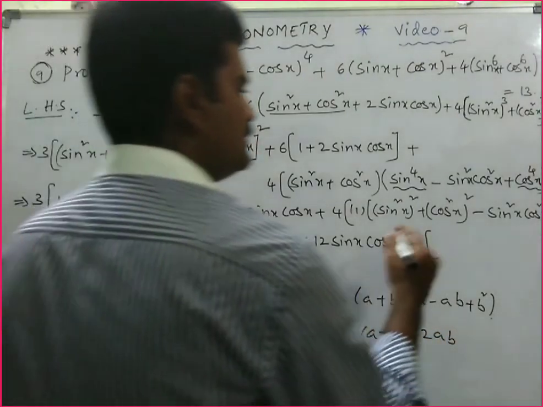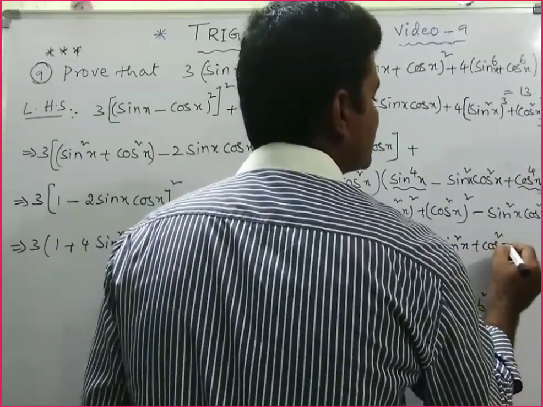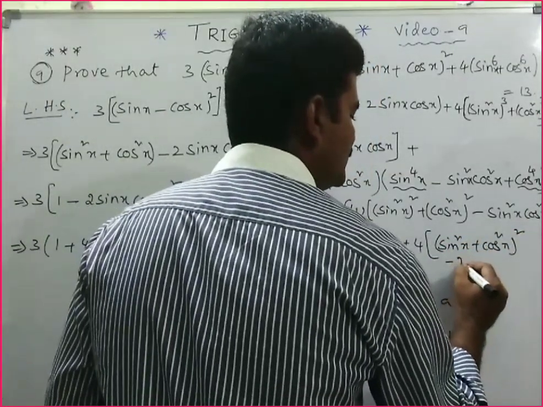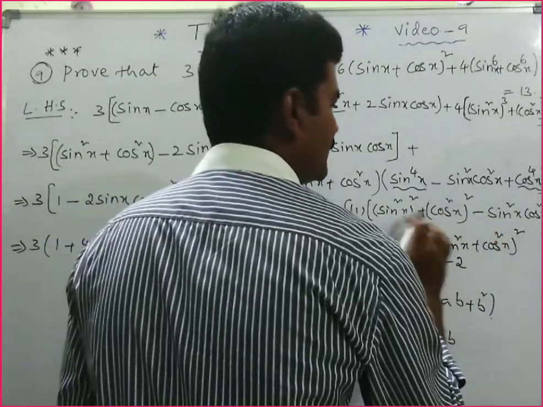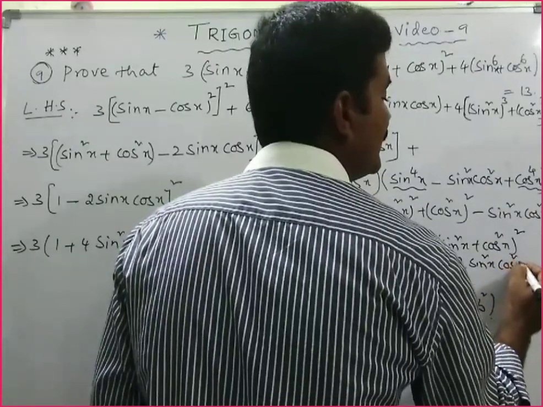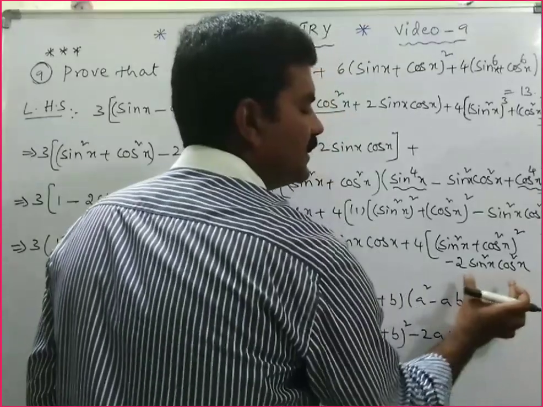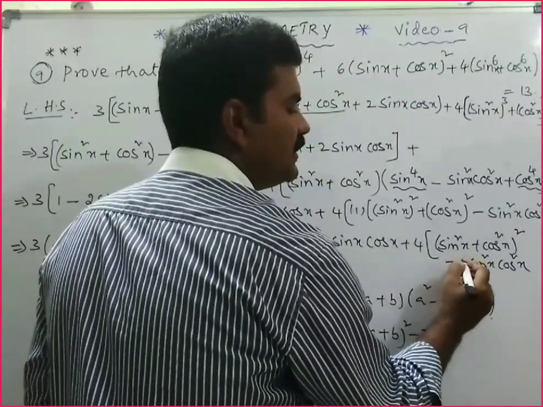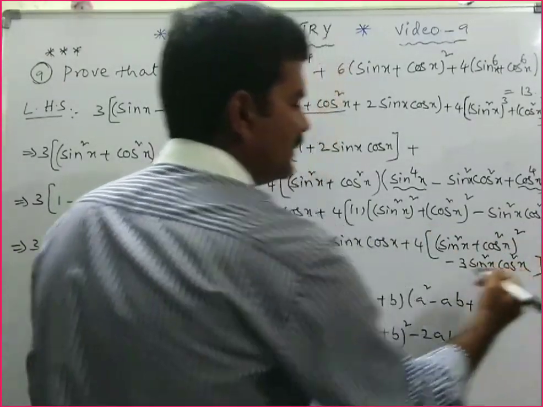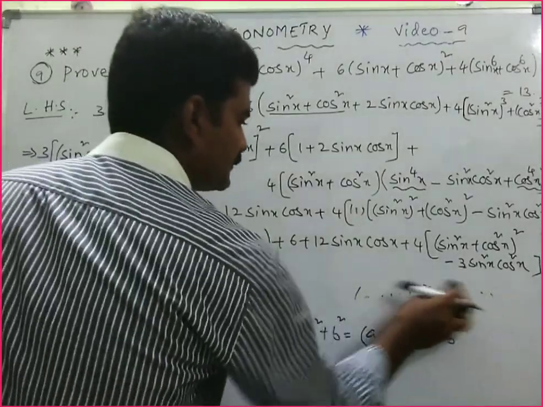So a plus b whole square, sin square x plus cos square x whole square, a plus b whole square minus 2 into ab. ab is nothing but sin square x into cos square x, and still there is minus sin square x cos square x. So see this, let me make it directly minus 3, because minus 2 and minus 1 together is minus 3, and this is multiplied by 4.